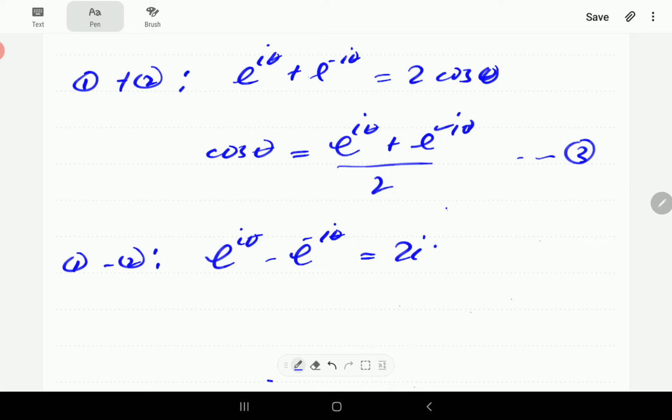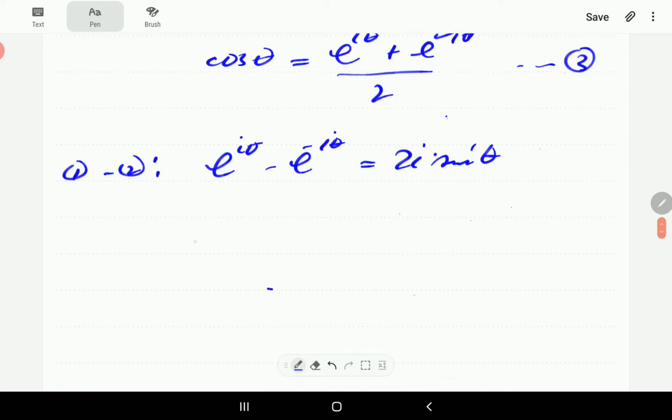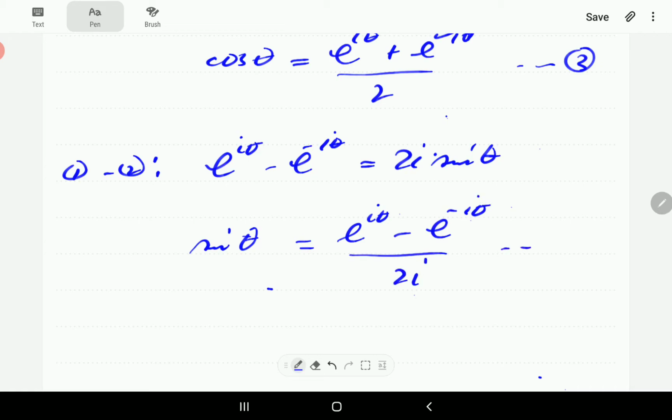That is going to be 2i sine theta. And then again, if we make sine theta the subject of the formula, this time we've got e to the i theta minus e to the minus i theta, all divided by 2i.